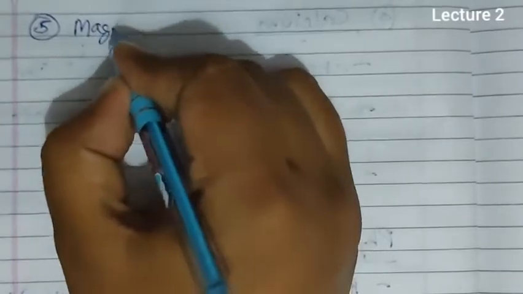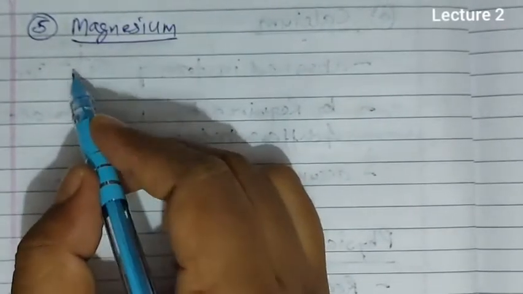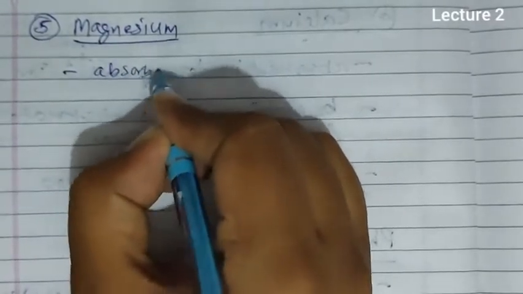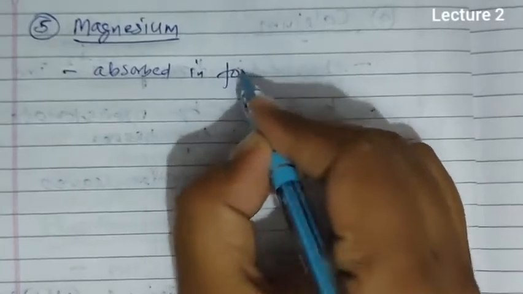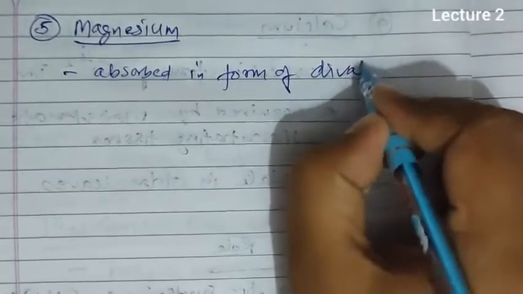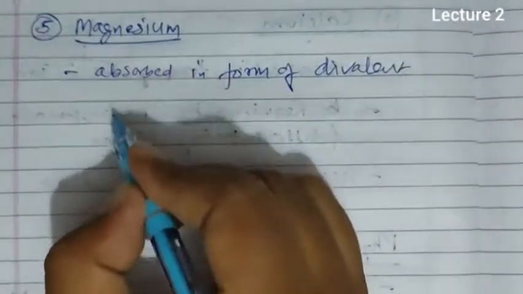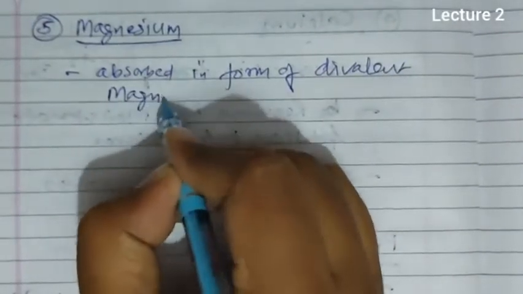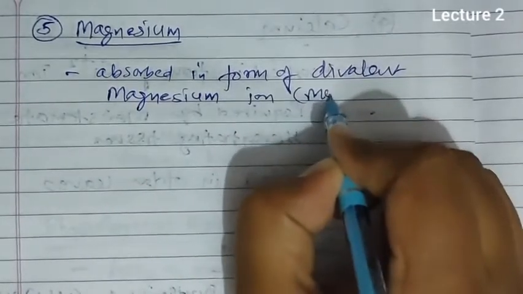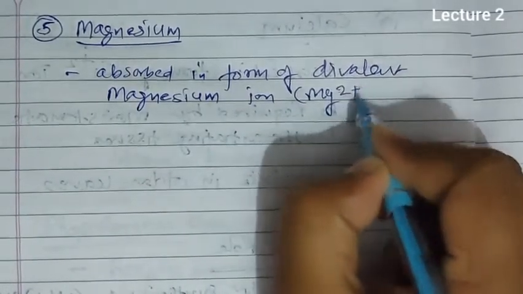Fifth element we are going to talk about is magnesium. Magnesium is absorbed in the form of divalent magnesium ion, that is Mg2+.